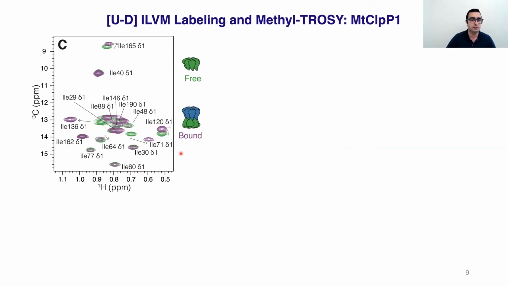So in this case, I'm looking at the isoleucine region of ILVM methyl labeled ClpP1. That is the green spectrum, and the purple spectrum is when we have added an excess of uniformly deuterated and therefore NMR invisible ClpP2. You see these characteristic shifts as a result of the addition of excess ClpP2, indication of binding. We have full assignments for ILVM groups that I obtained, by the way, via mutagenesis.